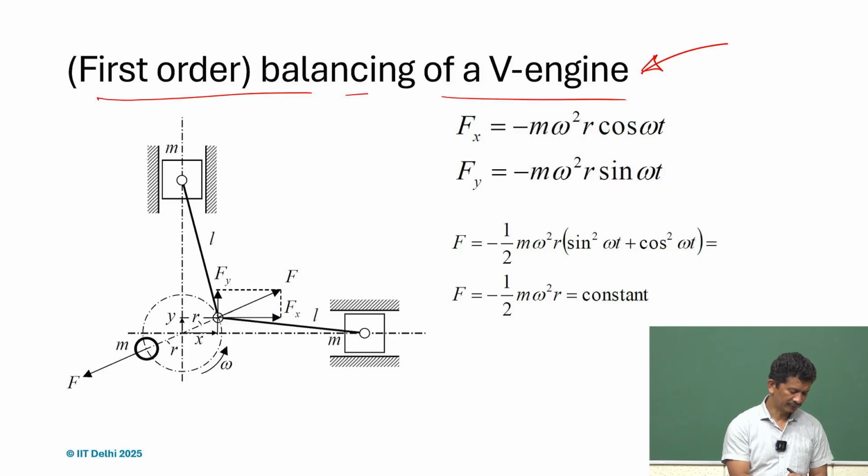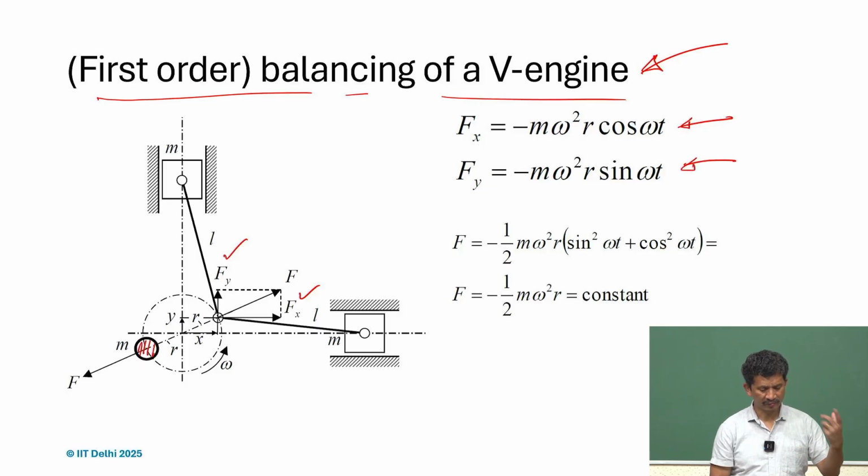We realize that if this is the counterweight, the mass m we put, and if you want to write the force along x and y, it is minus m omega square r. Omega is the RPM. So m omega square r is a centrifugal force, and it will be balanced, with cos and sine for x and y.